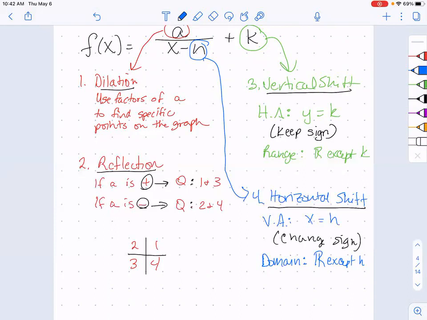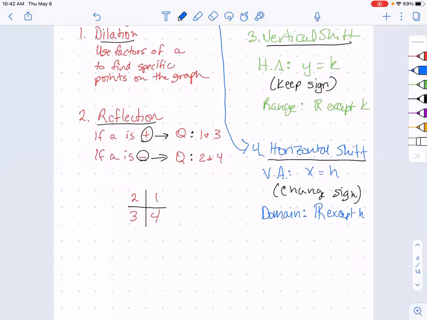I would get a 0 in the denominator of that expression. And you learned a long time ago that you can't have a 0 in the denominator of an expression. That calculation can't be done. So we cannot have any input value that will produce a 0 in the denominator. And so if we have something that's producing a 0 in the denominator, that's going to be excluded from our domain, and that's going to tell us where the vertical asymptote is.